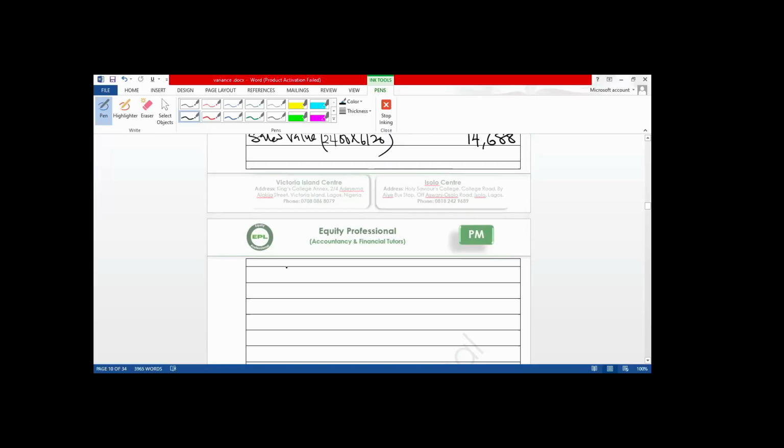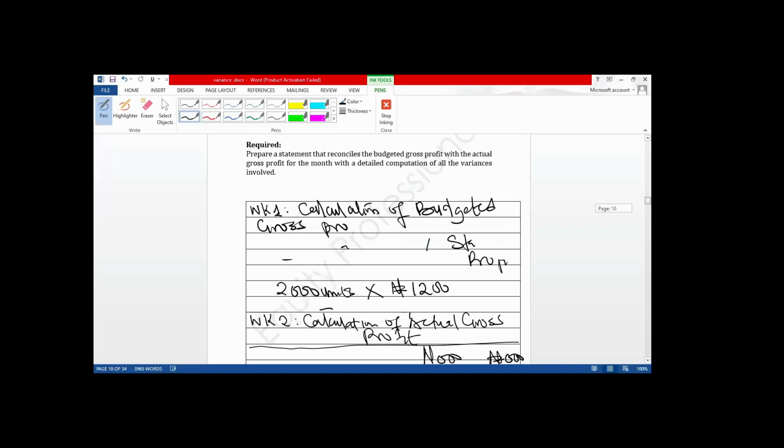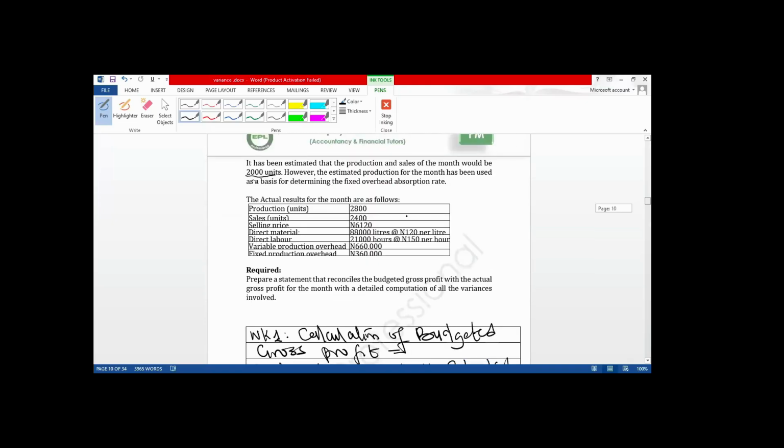Now come to your cost. Direct material cost. If you look at the question, examiner says 88,000 liters at 120 naira per liter.